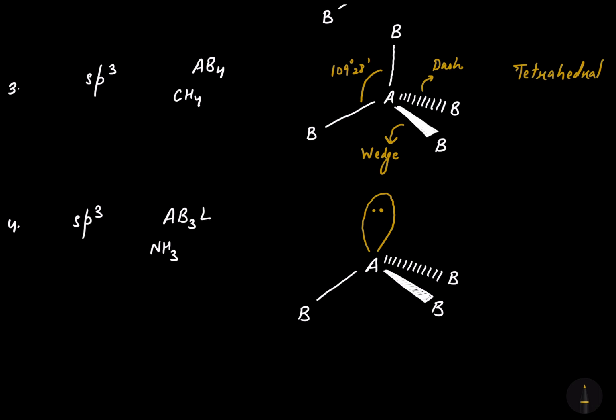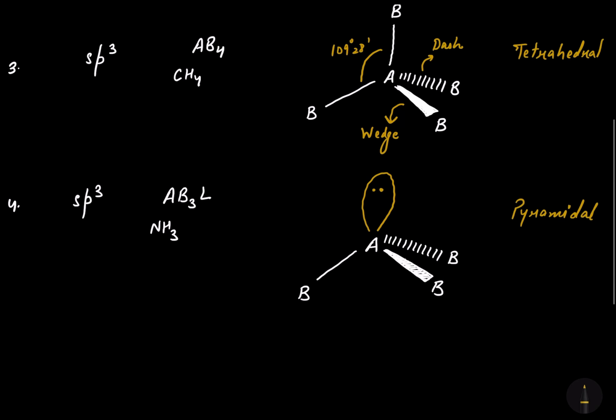While naming this structure we have to ignore the lone pair. This structure resembles a pyramid, so it is called pyramidal, but not tetrahedral.